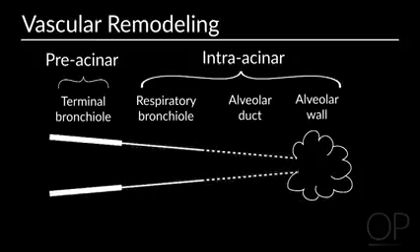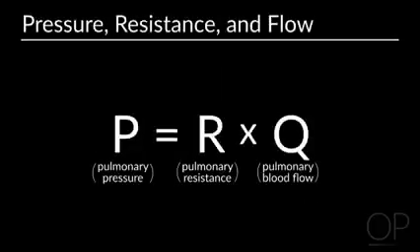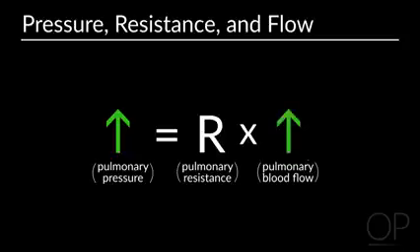While in parenchymal diseases, the substrate for pulmonary hypertension is mainly functional, and there is a lesser extent of pathologic vascular remodeling and muscularization. We can have an increase in the pulmonary pressure just because there is an increase of flow through the lungs, even if the vascular resistance of the pulmonary vessels is normal.